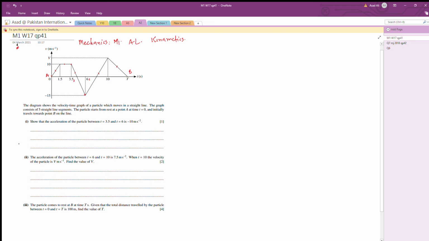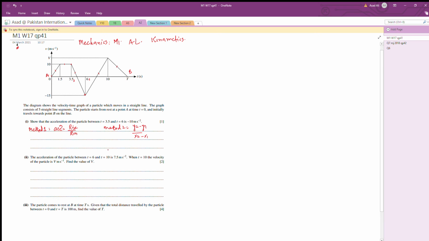We have two methods. Method 1 is acceleration as rise over run. Method 2 is y2 minus y1 over x2 minus x1. So we will be using both methods.